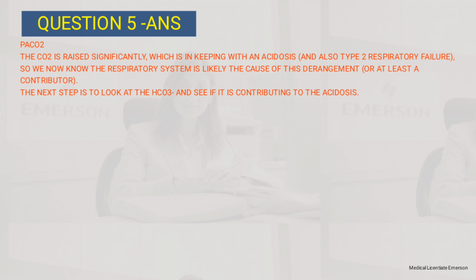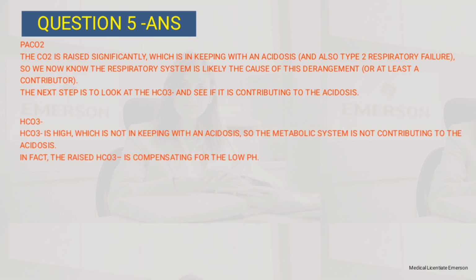So the next step is to look at the bicarbonate level and see if it is contributing to the acidosis. The bicarbonate level is of course high, which is not in keeping with an acidosis. So the metabolic system is not contributing to the acidosis. In fact, the raised bicarbonate is compensating for the low pH.